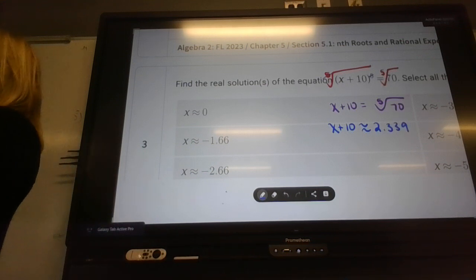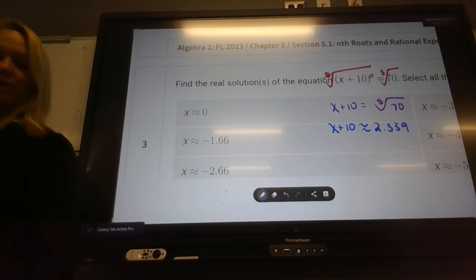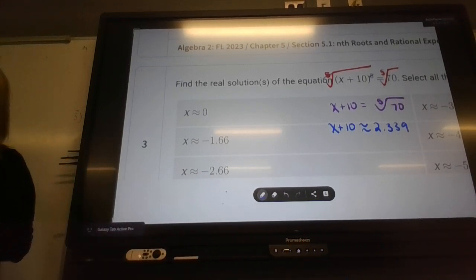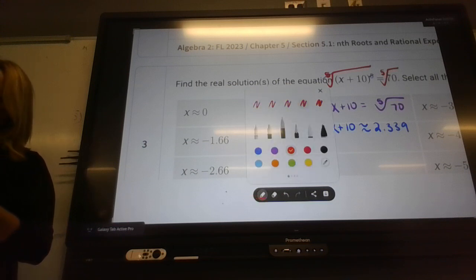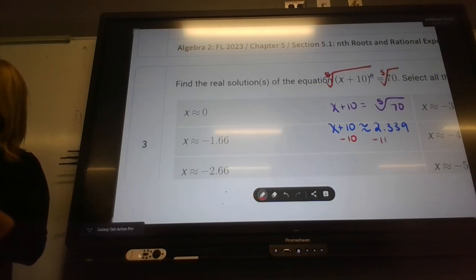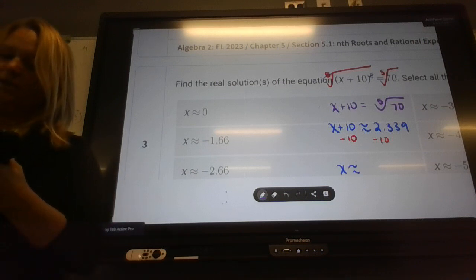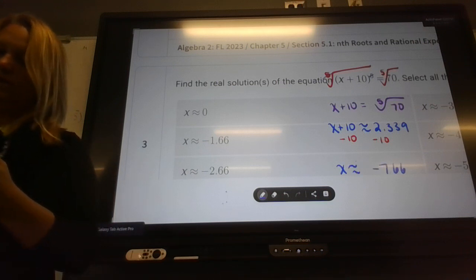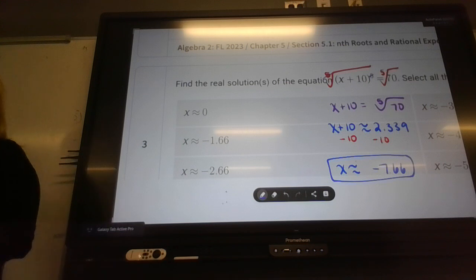I'm going to use the whole decimal right now. I'm going to hit minus 10. I'm not going to type out 2.339. I want to keep an exact decimal. So subtract 10. And the answer is negative 7.66. One answer for an odd power.